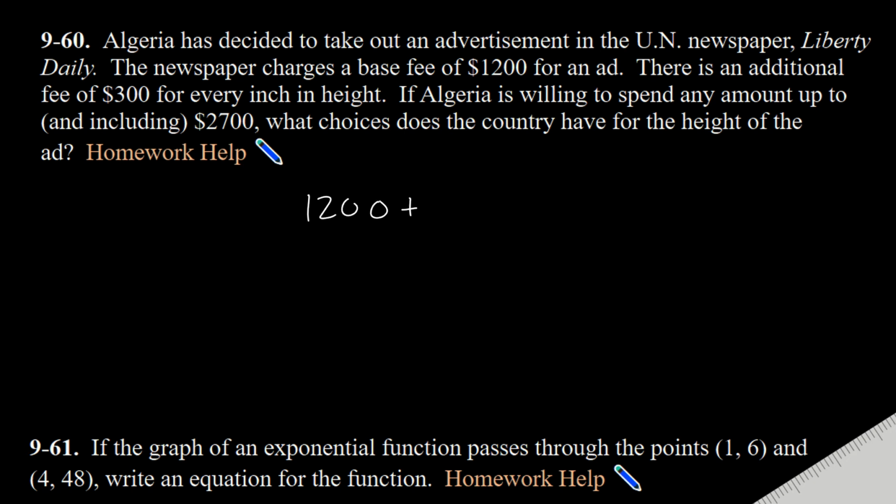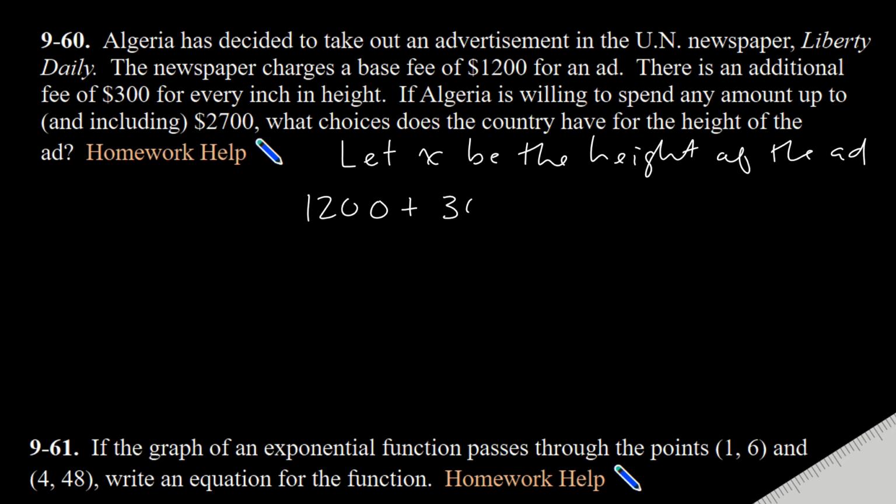Plus, if X is the height, let's write a let statement. Let X be the height of the ad. Then $1,200 plus $300 for every inch of height has to be less than or equal to $2,700, right?